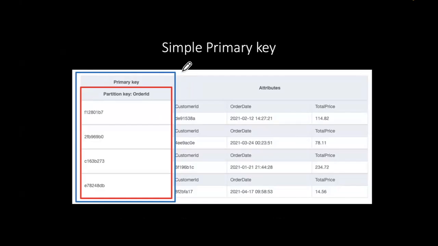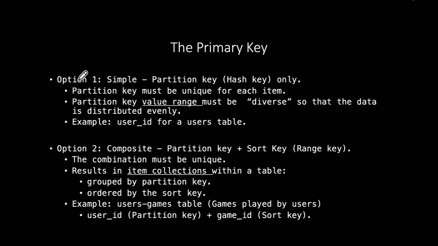In this table I want to have order number as an attribute, customer number as an attribute, order date, total value, and there'd be some other attributes as well. And I've decided I'm going to use order ID or order number as the primary key for this table. It's an example of a simple primary key because it only consists of one attribute. So nothing unusual there really. We could easily be talking about a relational table when we look at this. Okay, back to here. So that's option one.